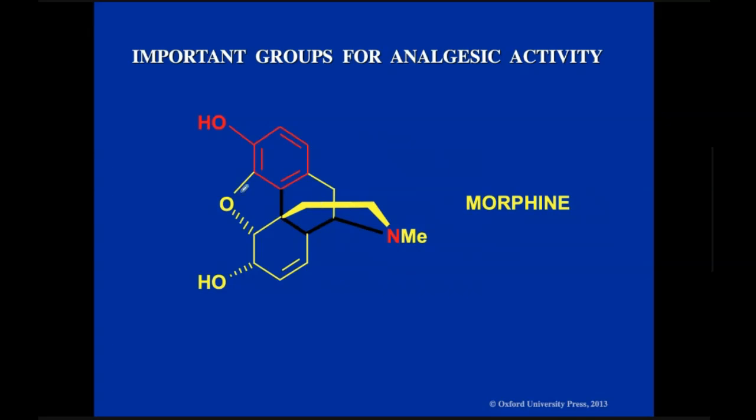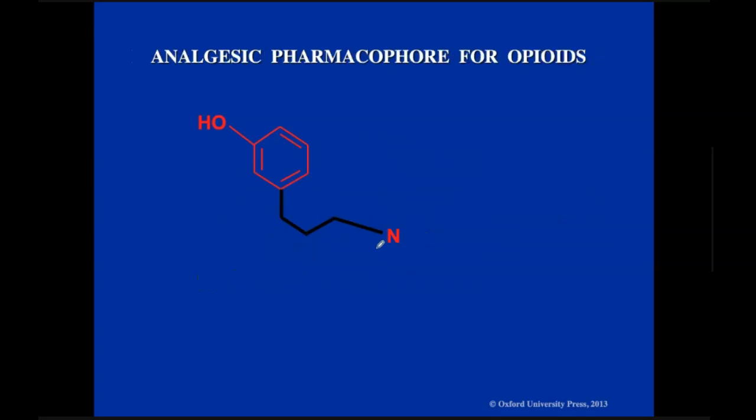So if we make a connection between only the most important functional groups responsible for the analgesic activity, right? Then that part, along with that connection, is what is called the 2D pharmacophore of morphine. So we can say this is the 2D pharmacophore of opioid, which has the analgesic activity.